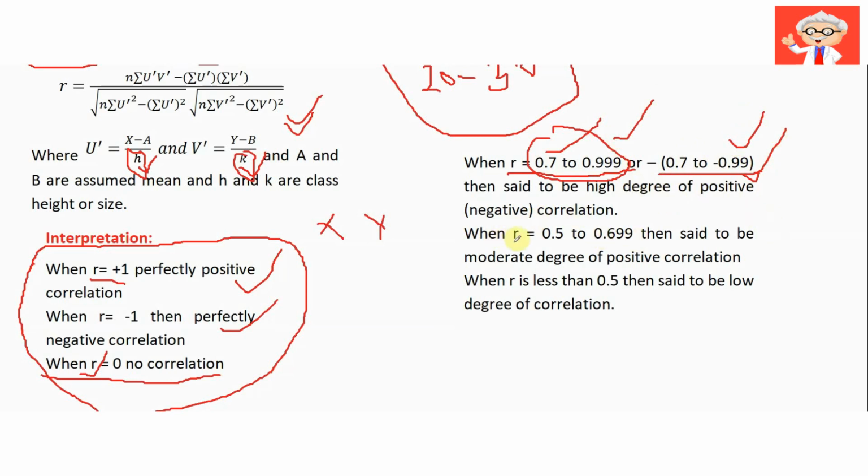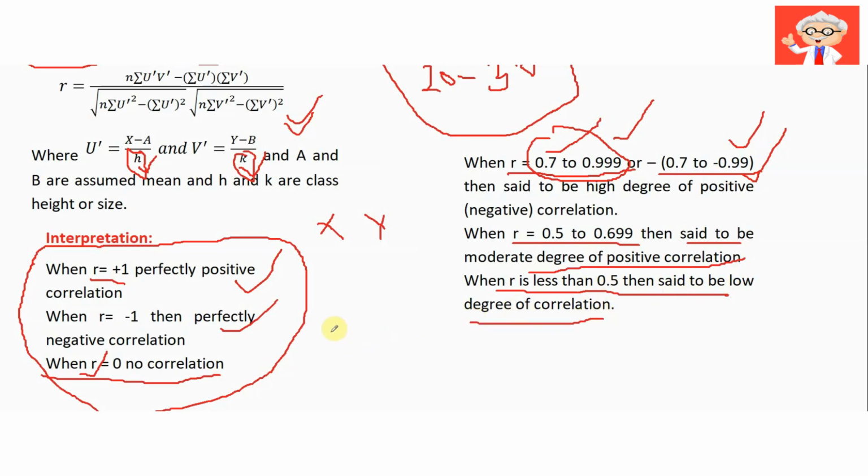But when our value lies between 0.5 and 0.699, it is said to be a moderate degree of positive correlation. But when r is less than 0.5, it is said to be a low degree of correlation.